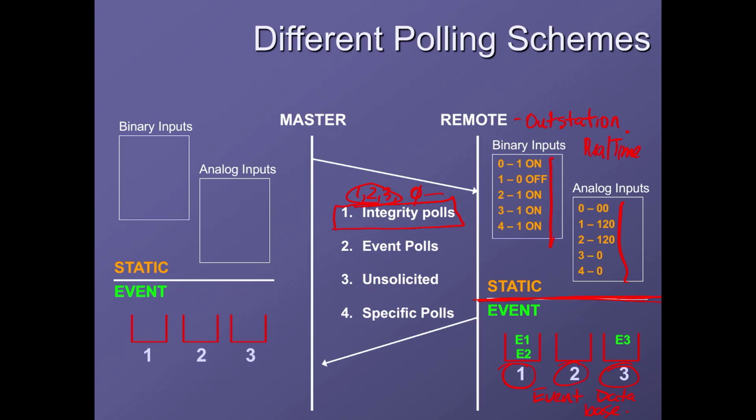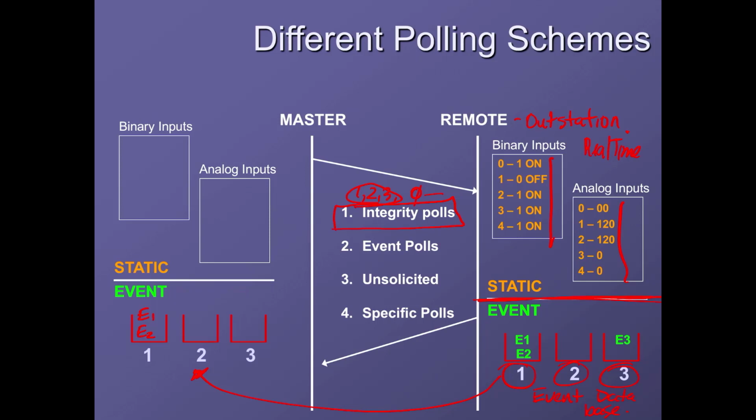So what does that mean? That means when the integrity poll goes out, we're first of all going to be retrieving the events. So we can see that class 1 has 2 events. That means they're going to be transferred via response back to the master, and the master will be able to load all the events.